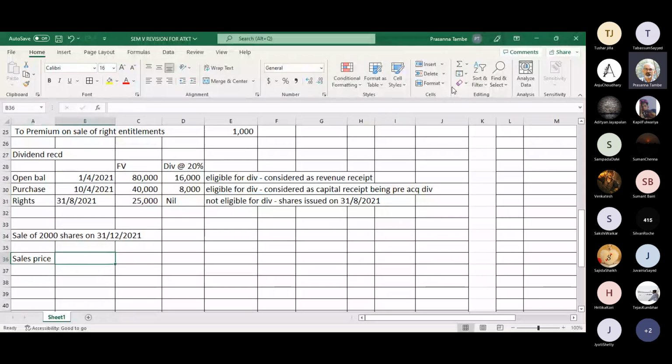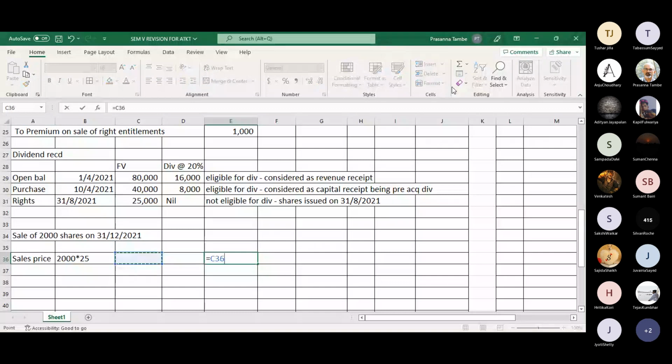The sale price will be 2,000 multiplied by 25. So selling price is 50,000 rupees.